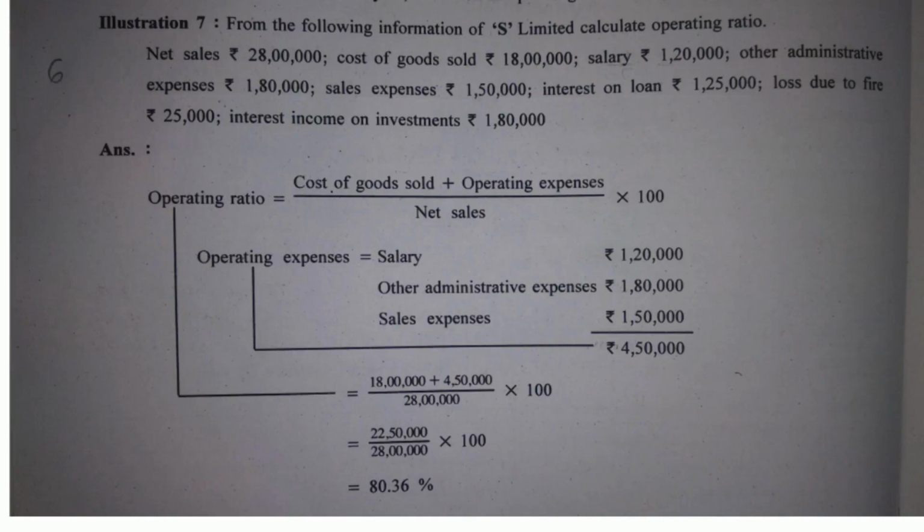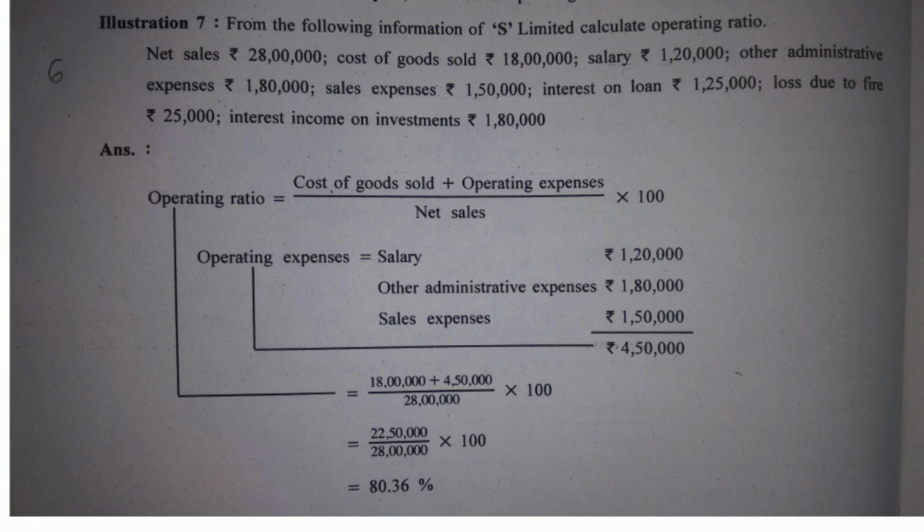Talking about the next illustration, illustration 7, given on the very next page, page number 220. From the following information of S Limited, calculate operating ratio.